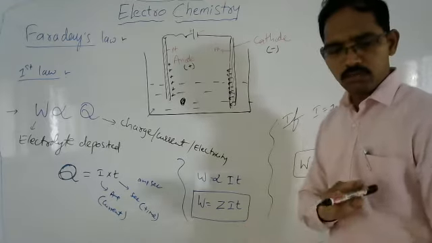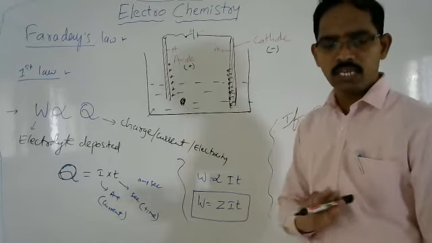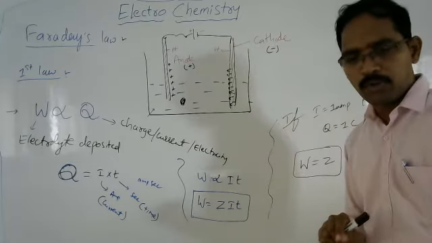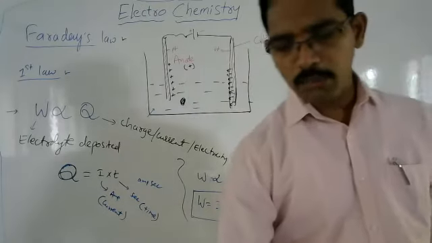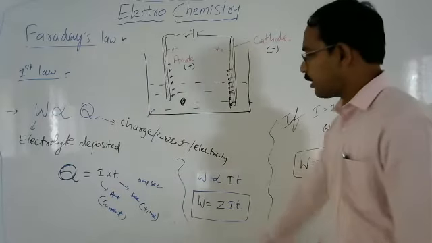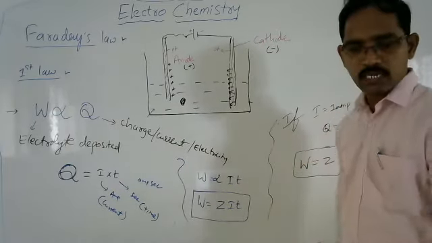In the numerical questions they never give the Z value. We have to calculate it. It is very simple, like atomic mass. First, tell me if the first formula is clear.